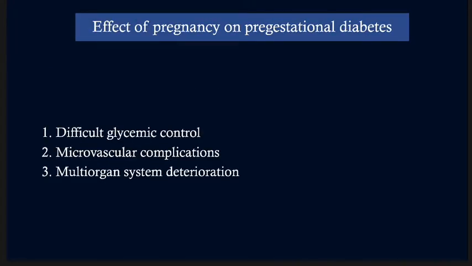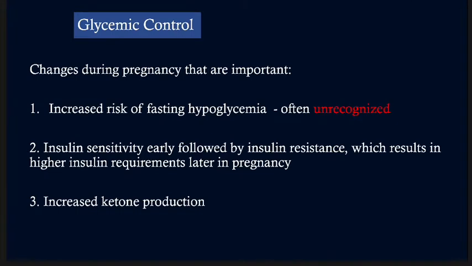So what is the pregnancy effect on pre-gestational diabetes? The patient is already diabetic, she started her pregnancy, so there are three things that we always have challenges with: how to achieve good or optimal glycemic control, what to do if the patient already has microvascular complications, and whether we assessed if the patient already has multi-organ system problems, as we might expect a deterioration in pregnancy.